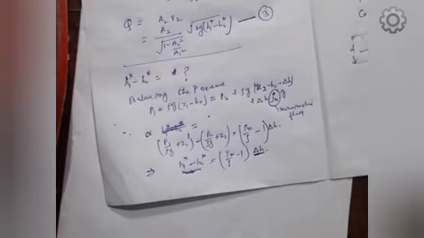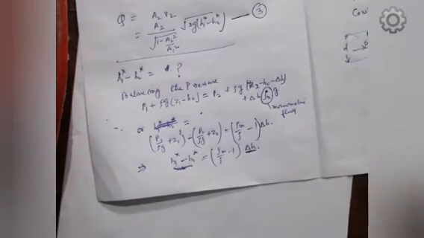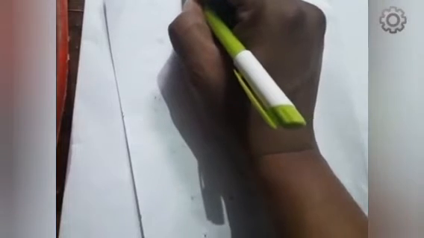So now, by putting this equation, we can find out Q equals A1 A2 by root under A1 square minus A2 square, into root under 2g rho m by rho minus 1 into del h.